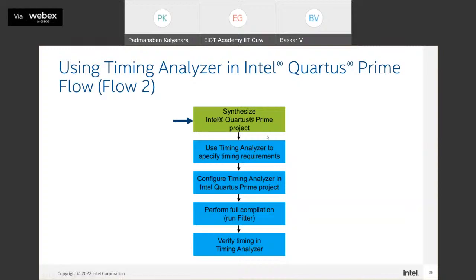You take a synthesized design, and we use the timing analyzer to specify the timing requirements. We configure the timing analyzer in the Intel Quartus Prime design project. And again, we are going to perform full compilation. That means we need to run the fitter once again and verify the timing in the timing analyzer.